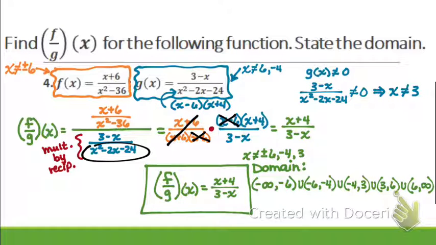That is a lot of intervals. If you get lucky and it doesn't say anything about having to write it in interval notation, I want to show you how you could also write this domain if you're not required to use interval notation.